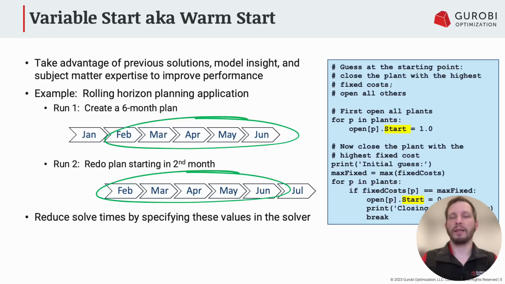So we set our decision variable open to 1, and then we decide to close the one with the highest fixed cost. That eliminates one possibility, because it seems, maybe from intuition or from experience, that the plant with the highest cost is always closed. So that may be one way to use some subject matter expertise to help speed up a solve.